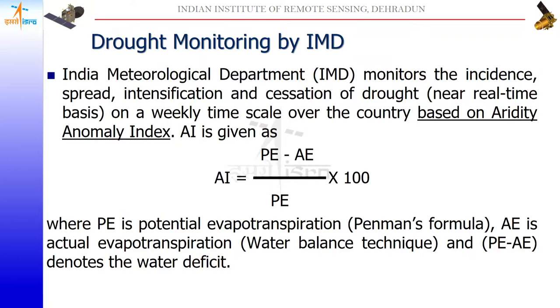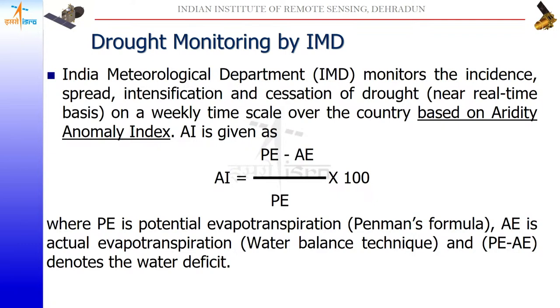Now, how does IMD declare or monitor the drought condition, specifically the meteorological drought condition? For that, they are calculating and defining the AAI. Basically, it is based on the aridity anomaly index, which is derived or computed through the calculation of potential evapotranspiration as well as actual evapotranspiration.